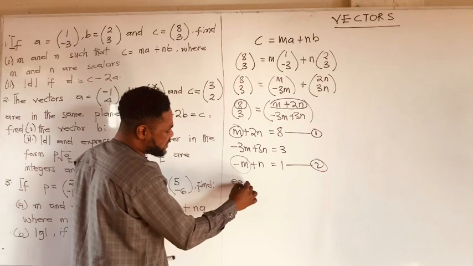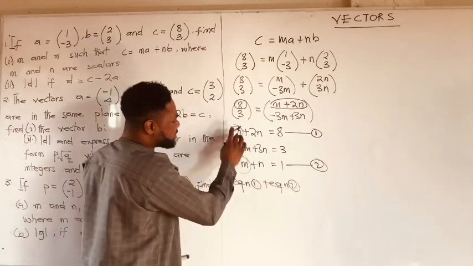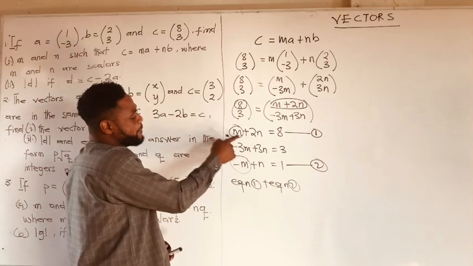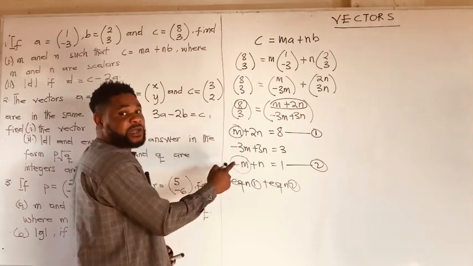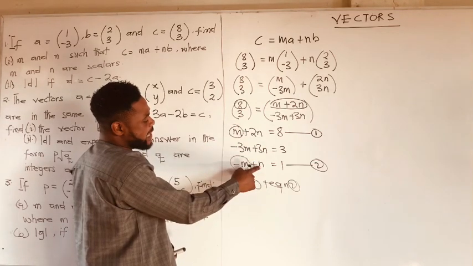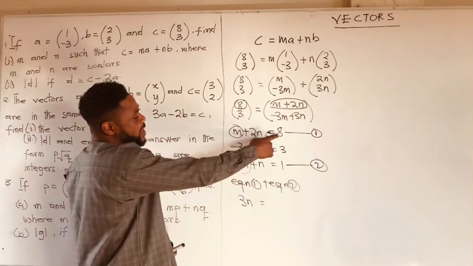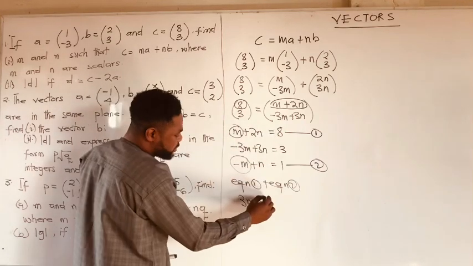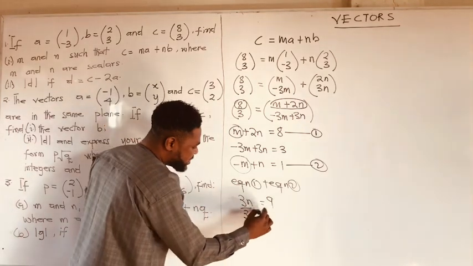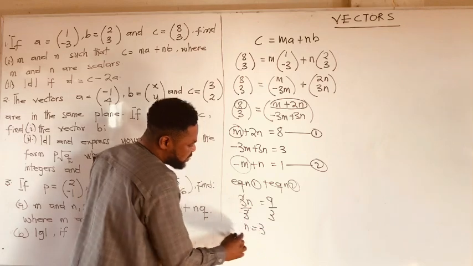M plus minus M gives 0. 2N plus N gives us 3N. And I have 8 plus 1, which gives us 9. So we divide here by 3, here by 3, and N will be equal to 3.